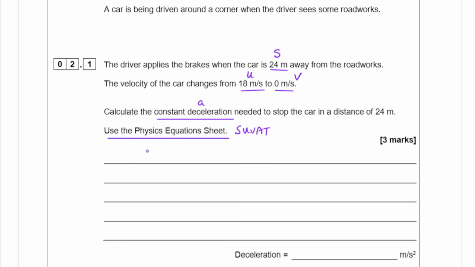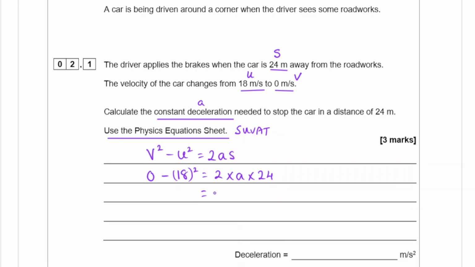The equation that you need to use is V squared minus U squared equals 2AS. 0 minus 18 squared equals 2 multiplied by A times 24. So let's do that.